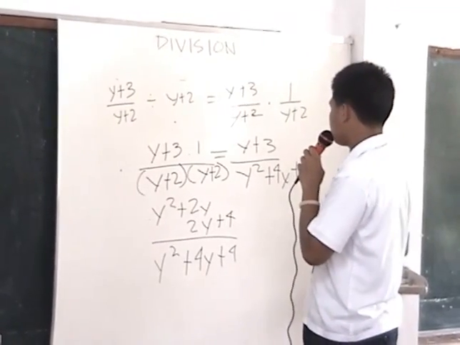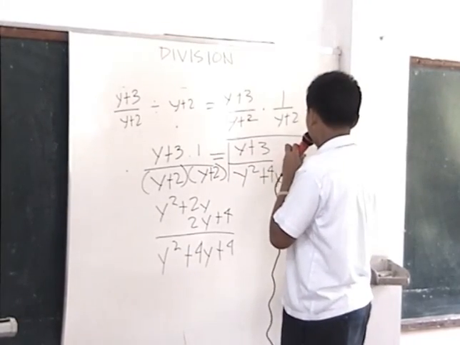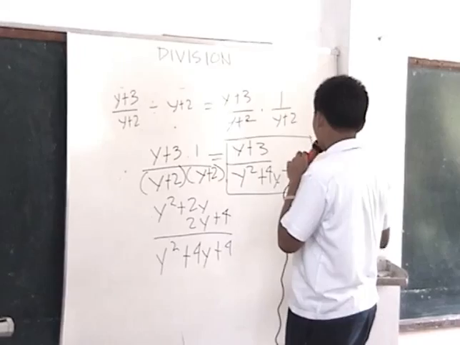So the answer is y plus 3 over y squared plus 4y plus 4.